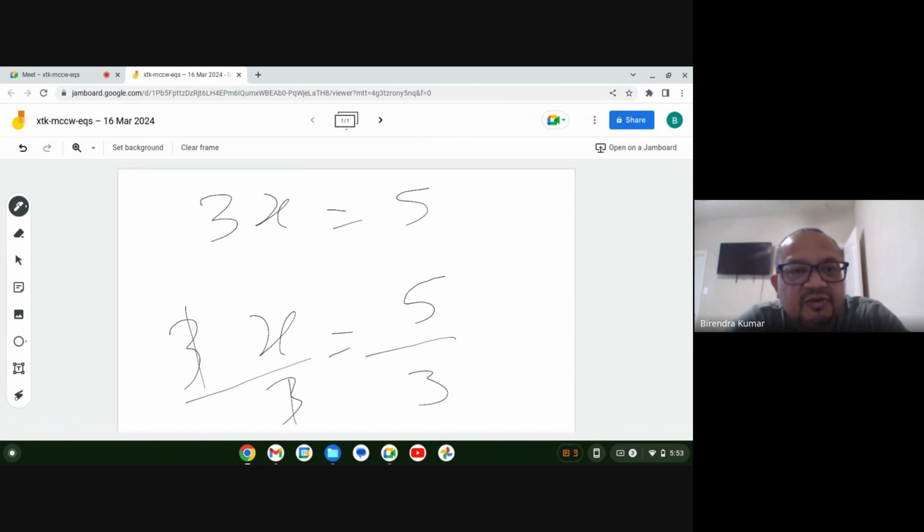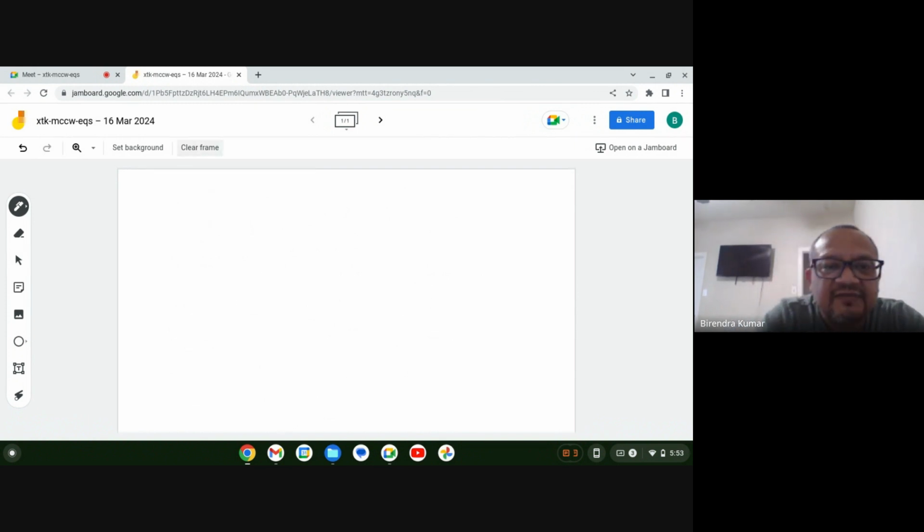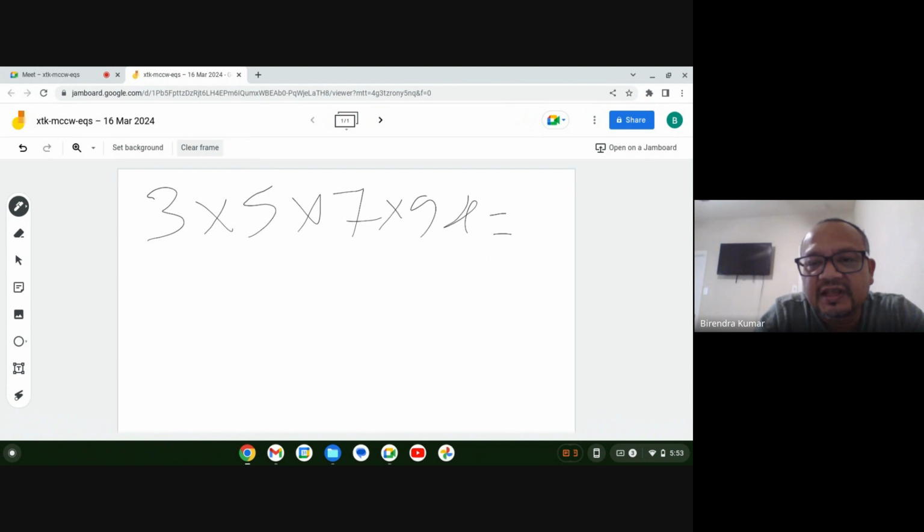The only problem is if you're dealing with, let's say, 7x equal to 27. Then if I say okay, fine, I will divide by 3 and 9 here and 3 and 9 here, that will take more space. I will do it in one shot.